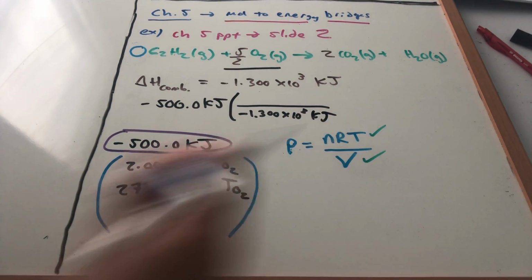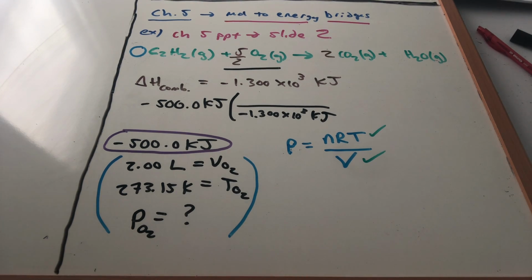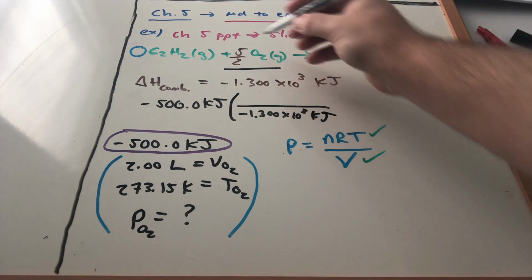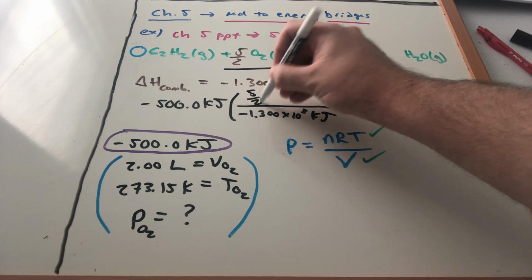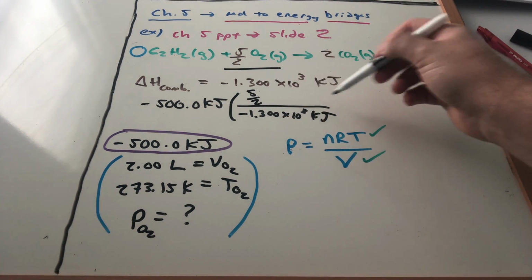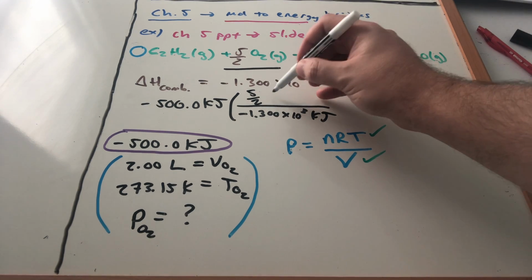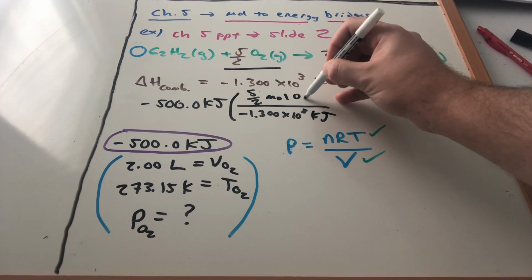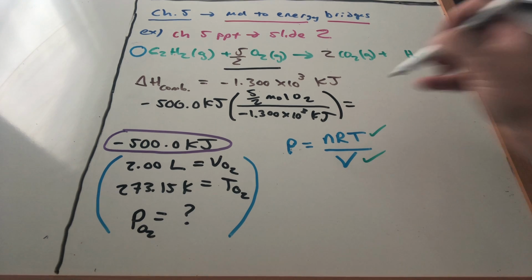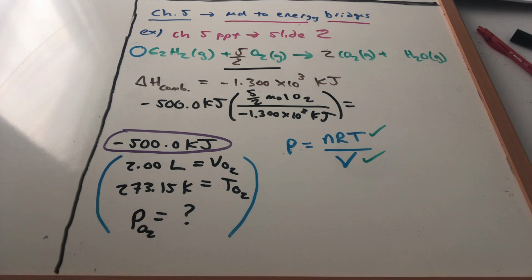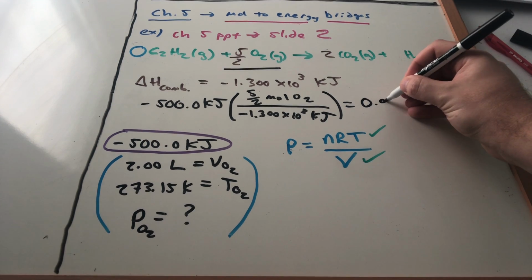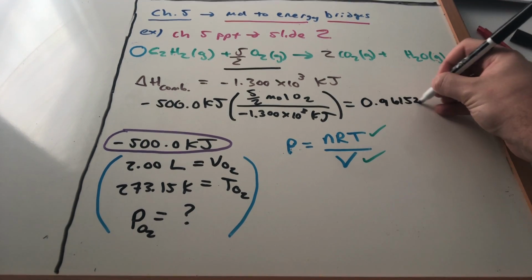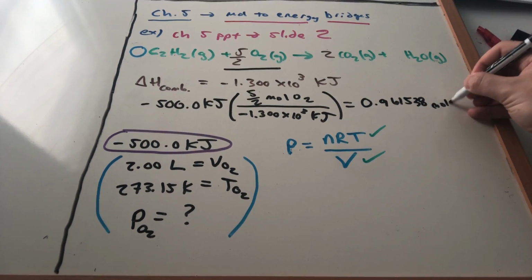And what I would say is there's minus 1.300 times 10 to the third kilojoules of energy for every, and remember, we just used the stoichiometric coefficient for our mole to mole energy bridge, so the stoichiometric coefficient here is 5 halves. So there's minus 1.300 times 10 to the third kilojoules of energy for every 5 halves moles of O2. We plug this into our calculator, and the moles of O2 that I get are 0.961538 moles of O2.